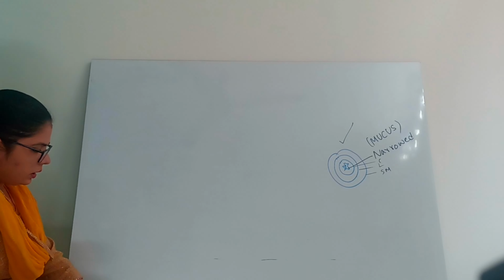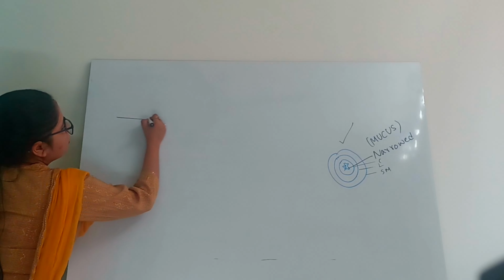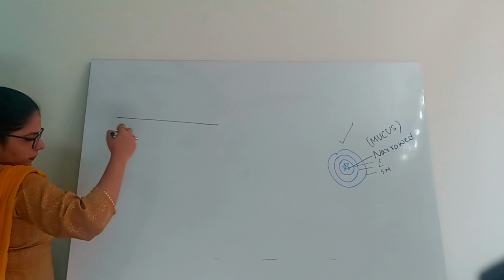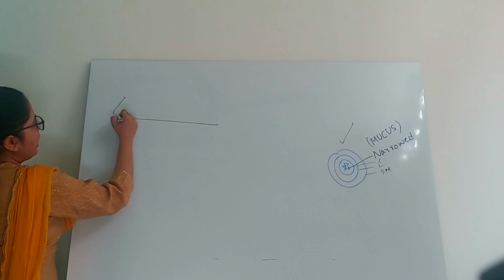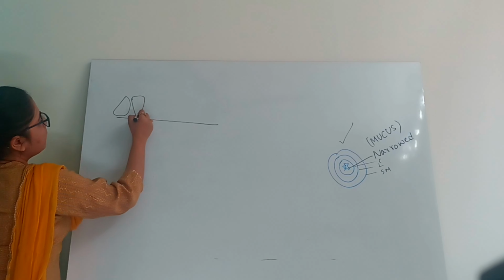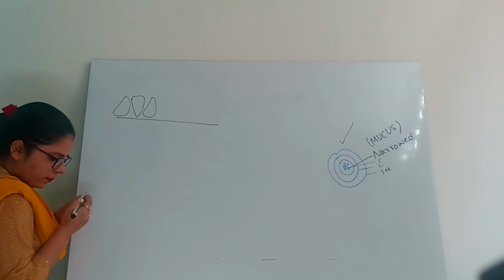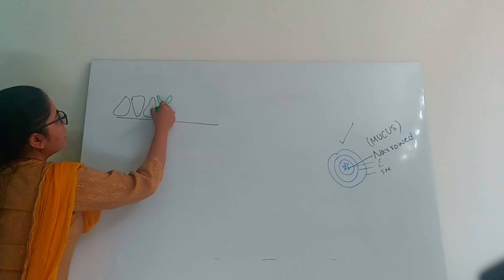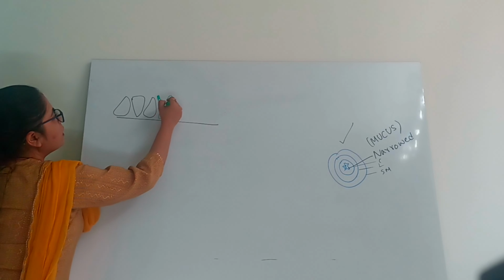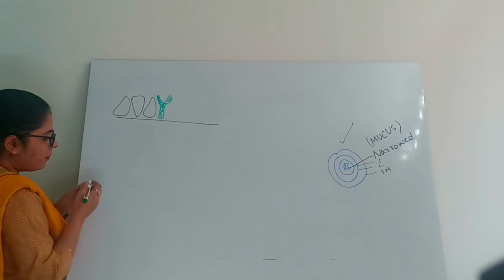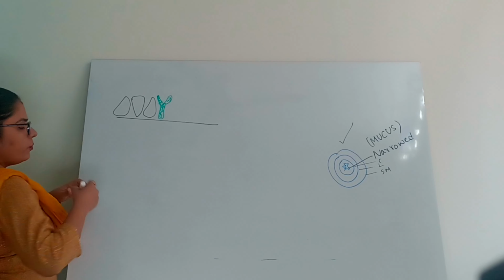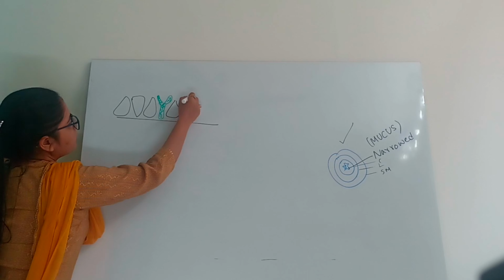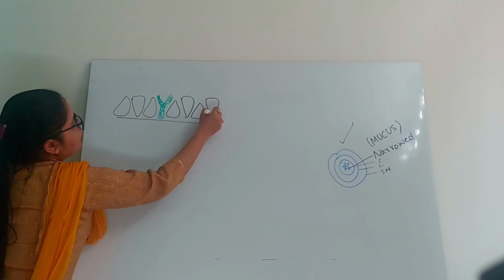Okay, so this is the basement membrane. These are the pseudo-stratified columnar epithelial cells present. We do have goblet cells present in a normal person, basic in number. They are responsible for the secretion of mucus. We all know that. Right?